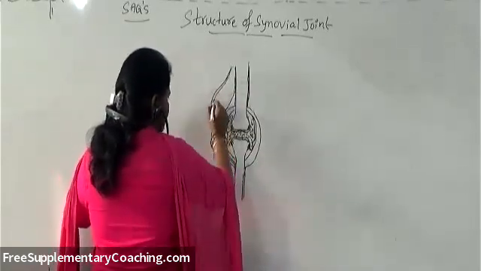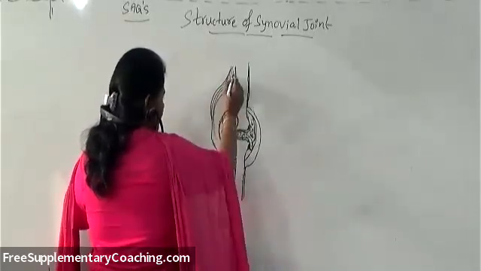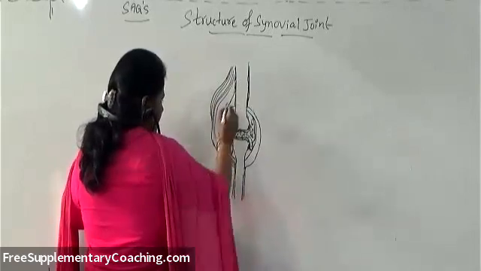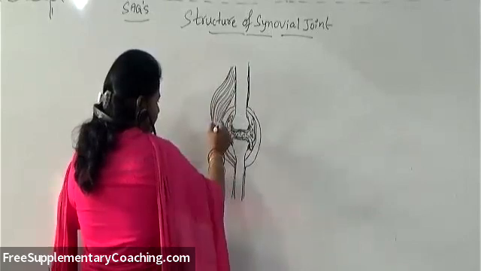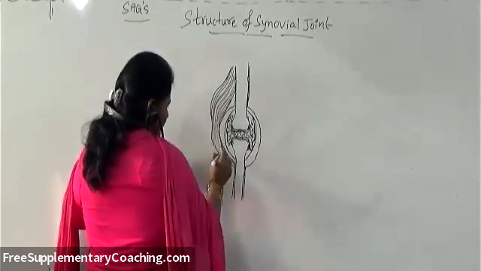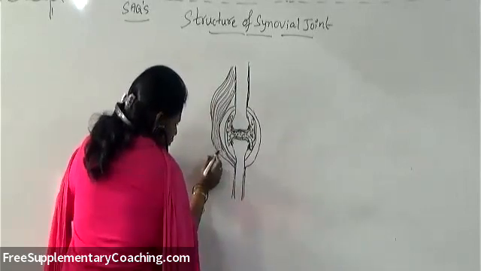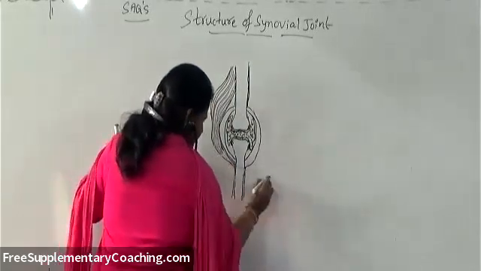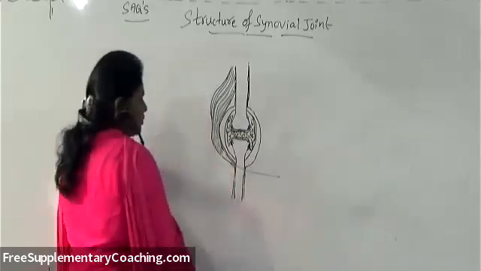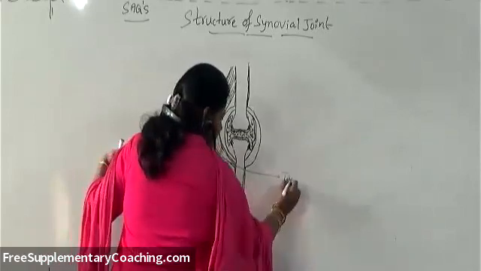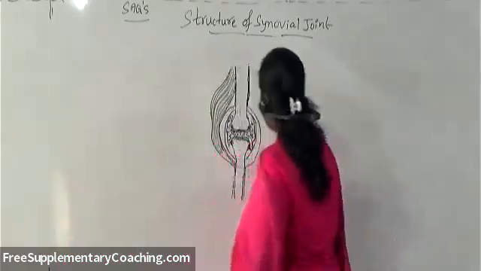Whenever you draw the muscle, show the muscle fibers. These are the muscle fibers, and this portion, which is getting attached to the bone, the muscle connecting to bone, is called the tendon.